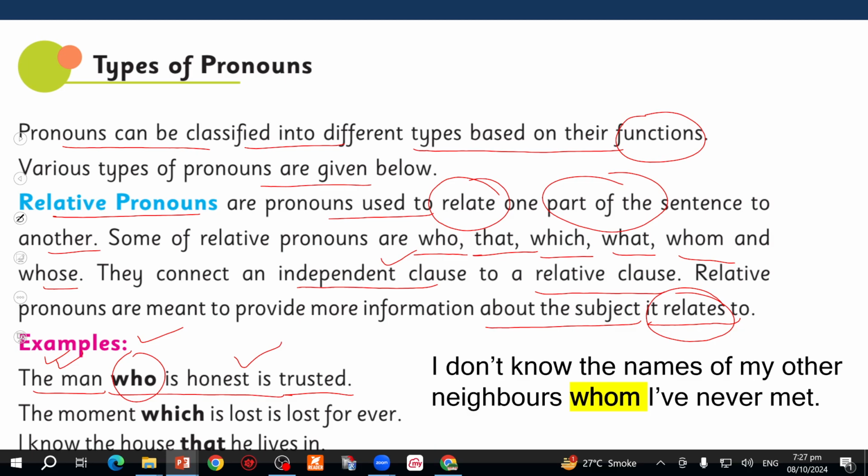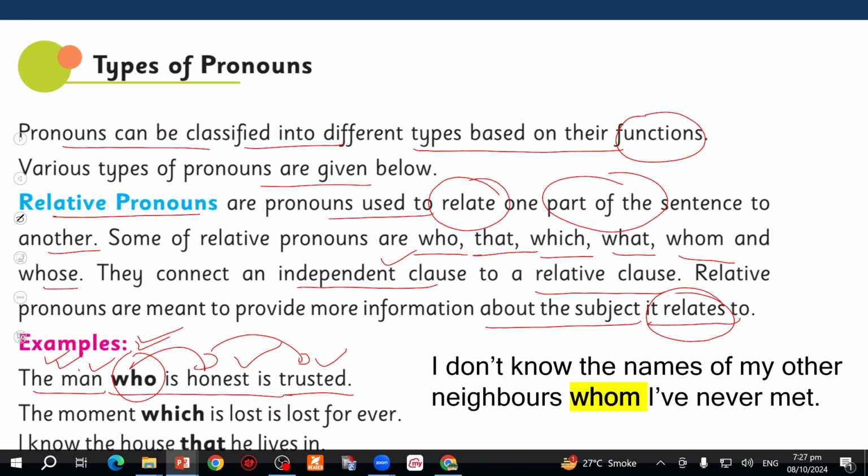We need a linker, a connector. So the man, who is the man who is trusted? The man who is honest is trusted. So for this linkage, we use relative pronouns for the relative clause and the independent clause.